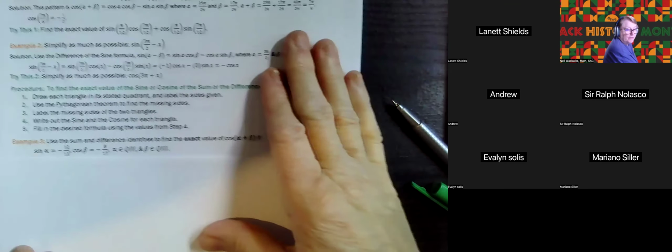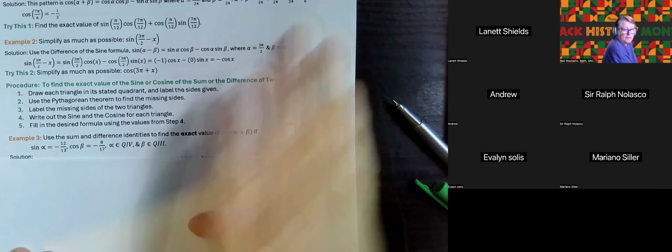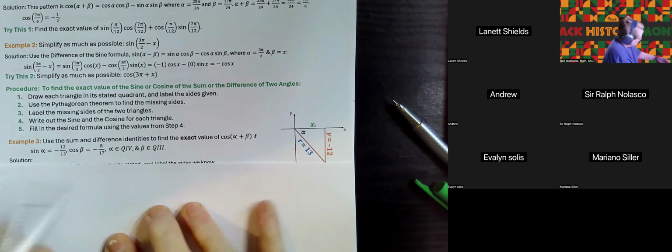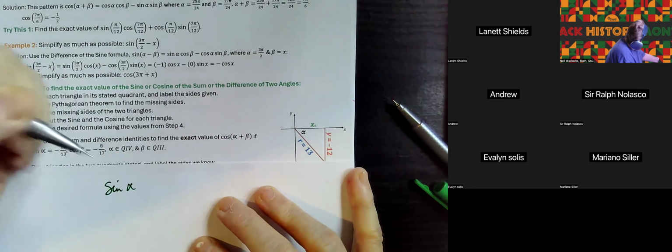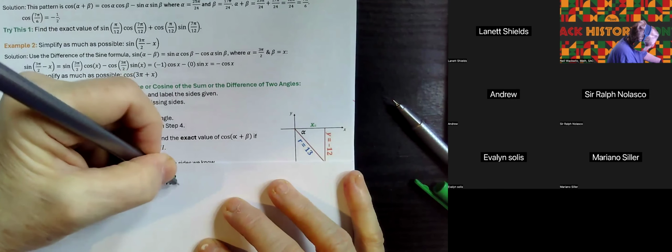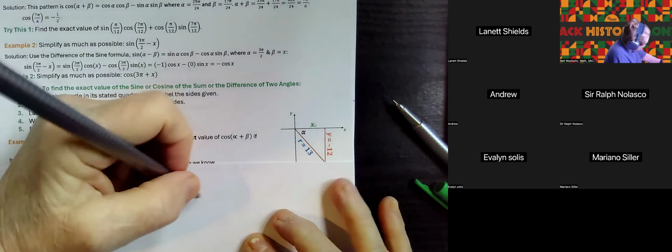If we're given that we want to find the cosine of alpha plus beta, we're given that the sine of alpha is -12/13, and alpha is in quadrant 4.